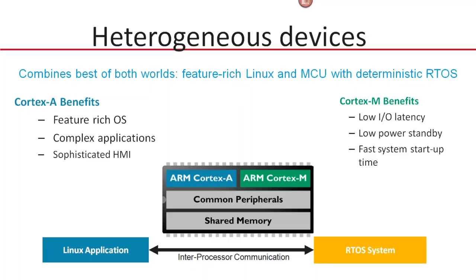So on devices like IMX7, I think we have a Cortex-A7 and also a Cortex-M4. So we can run, say, Linux and then a real-time operating system on the M4.